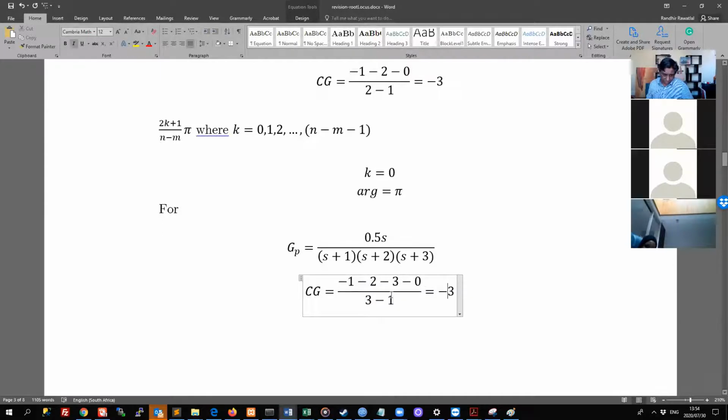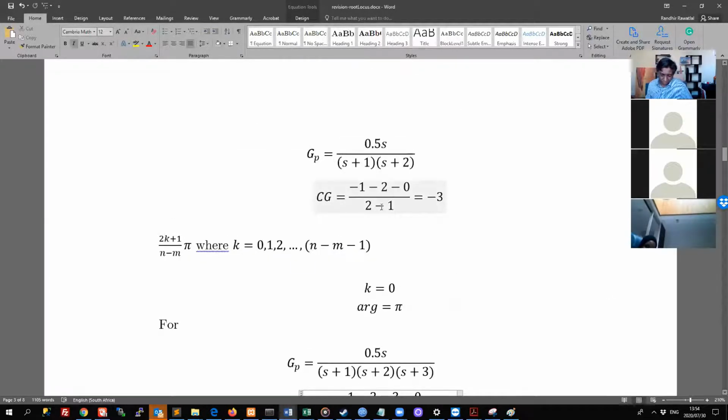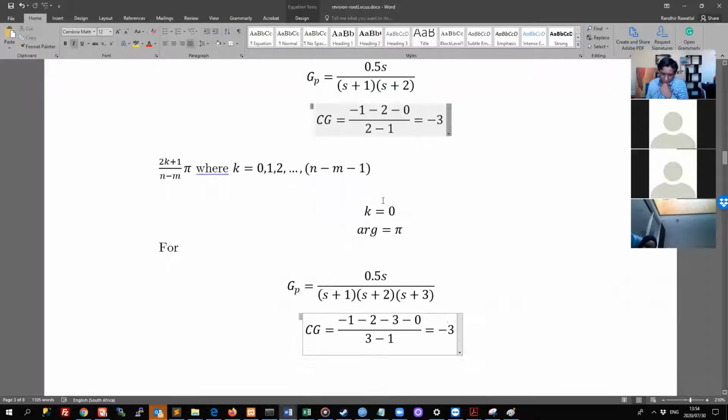So this is -6 over 2. So it's -3. Yeah. In fact, this one was right. Okay. So yeah, this one was -3 over 1. So that's fine. So here we have -6 over 2. So this is -3. So the same center of gravity.